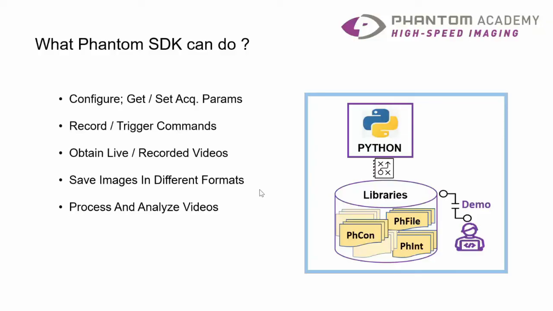Our Phantom SDK main libraries are phcon, phfile, and phint. phcon basically controls the cameras, sets the parameters, and transfers the data, while phfile works with file and movie management and saving them. The phint is a library which provides the image processing for our SDK.